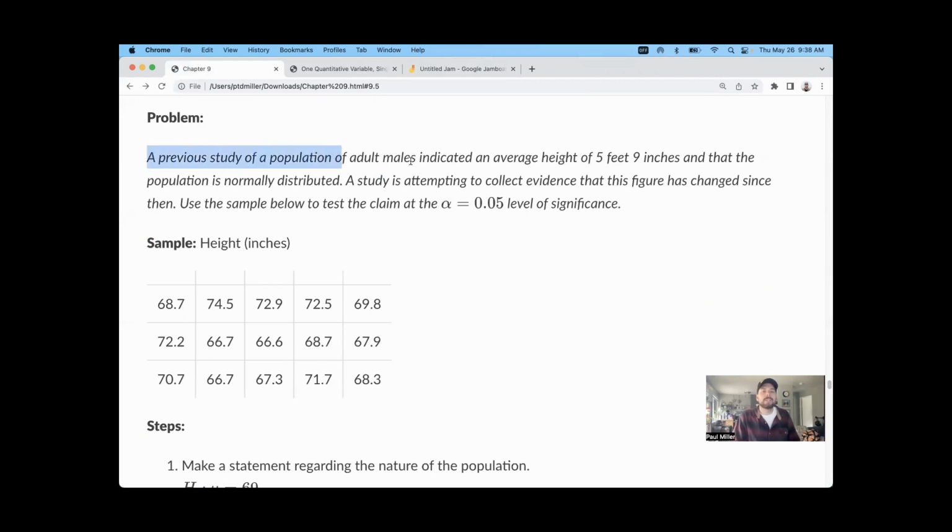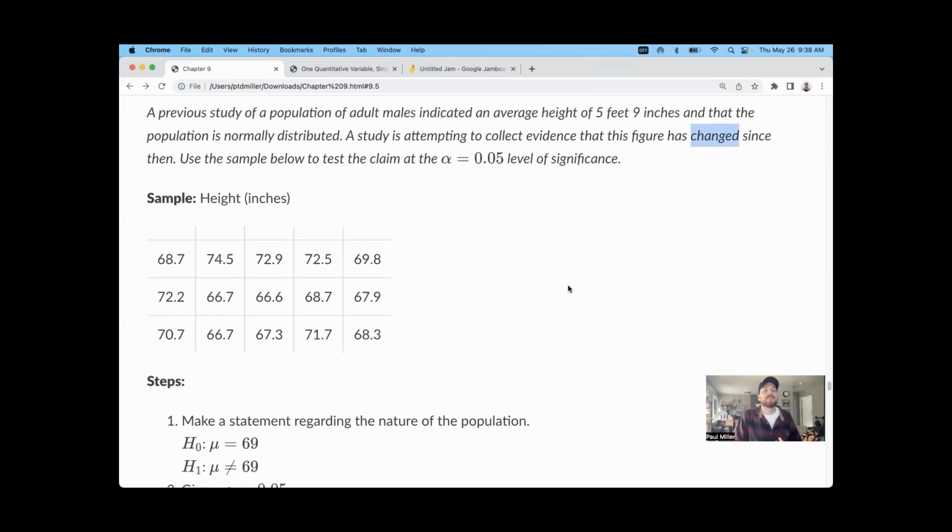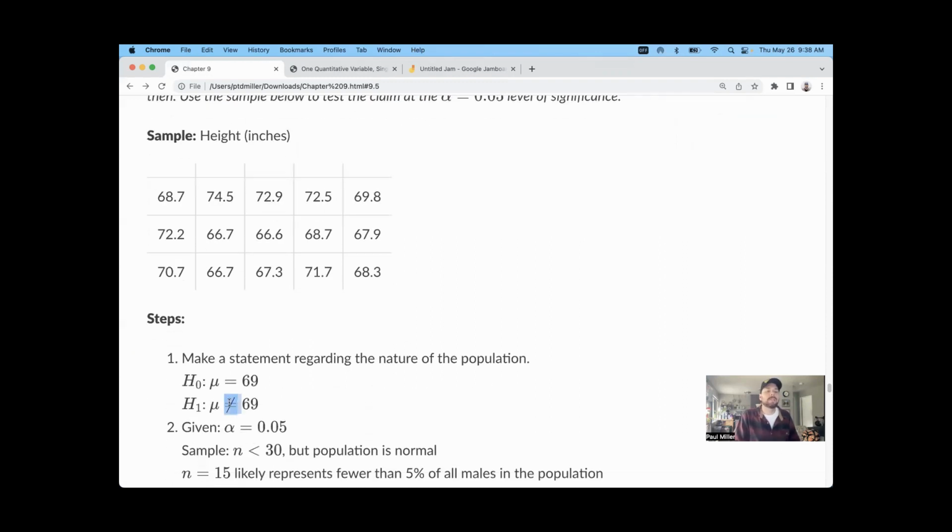We have a previous study that says it is 5'9", or 69 inches. We are trying to collect evidence to see if it's changed. We don't know if that's an up or down change, so that creates this two-tailed test. We're saying it's either equal to what it was before, or it could be above or below that, so we would say not equal to that.